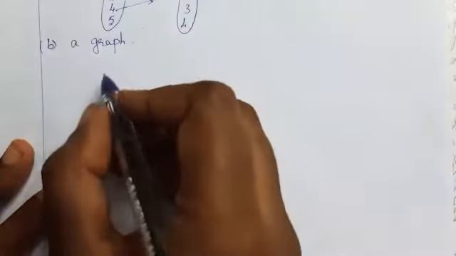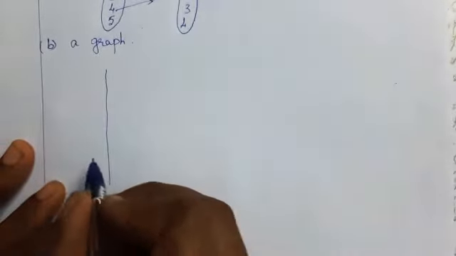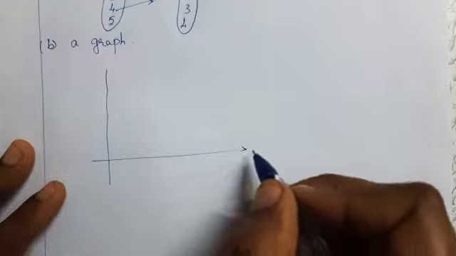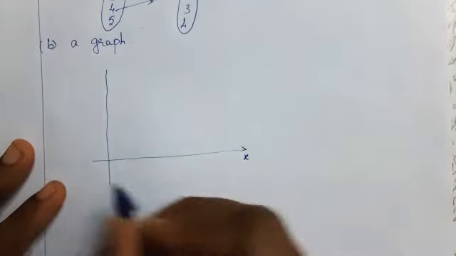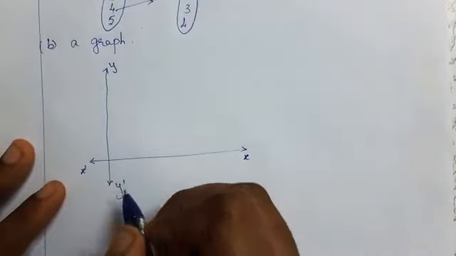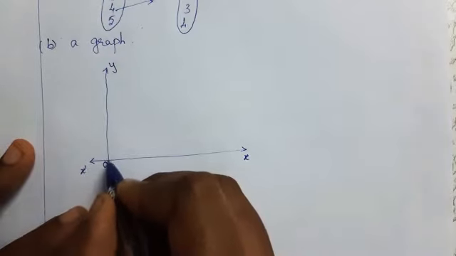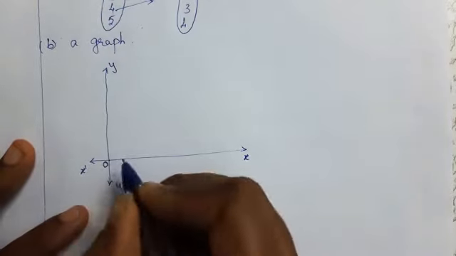See, using the scale and pencil, draw neatly. Draw the straight line. This is x-axis, x dash. Here y dash. Center, that is intersect position, is 0.